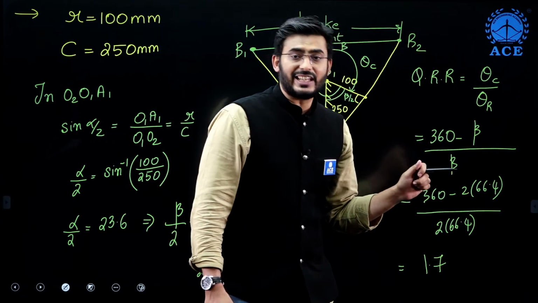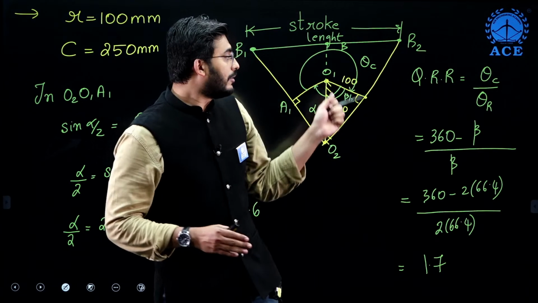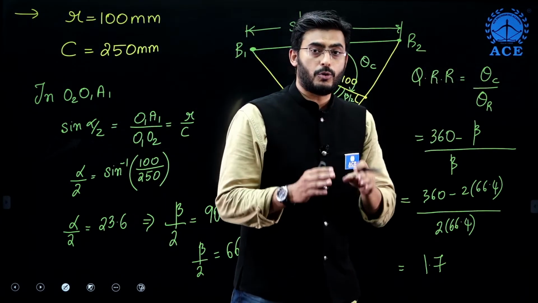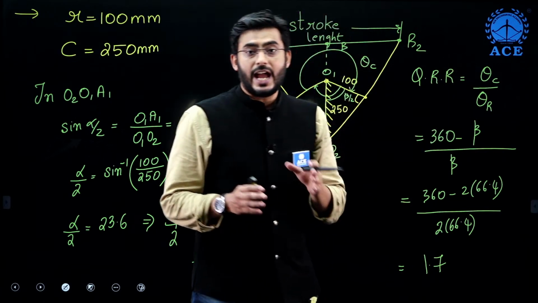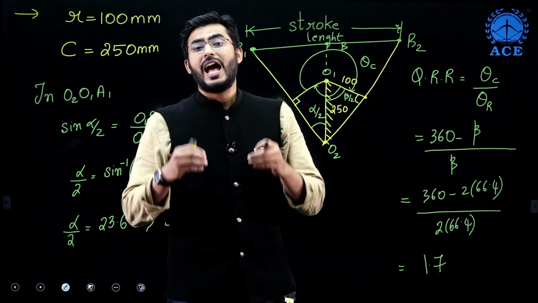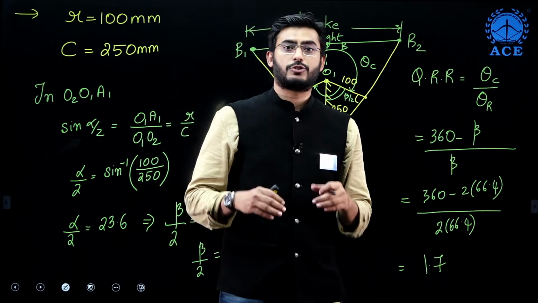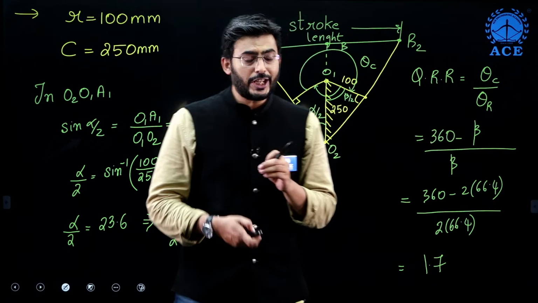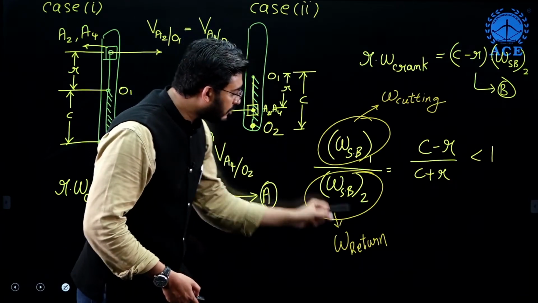If it is greater than 1, we want more time taken for the cutting stroke, and the time taken for the return stroke has to be definitely less. When the time taken for the return stroke is less, the velocity of the return stroke has to be more.